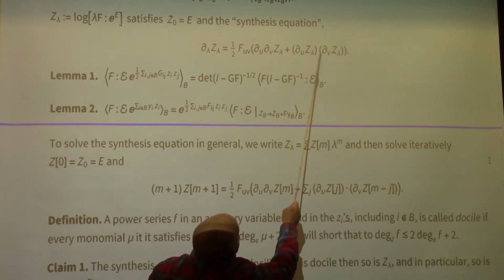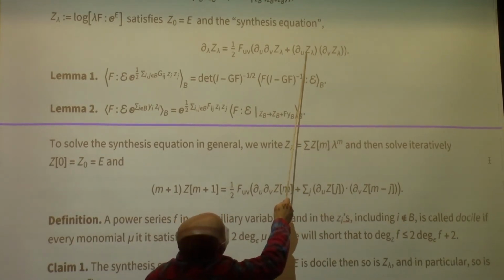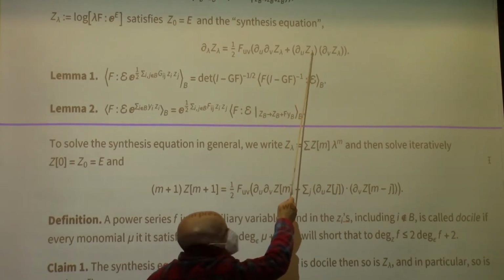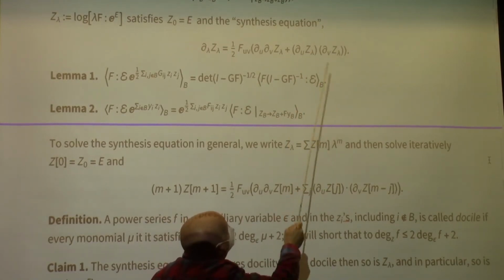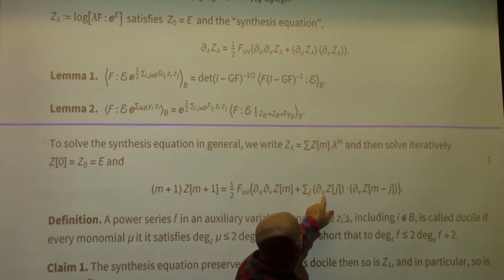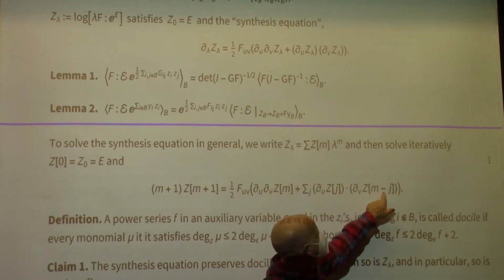Or you get it from here. To get the power of lambda to the m from here, you can get lambda to the j from here and lambda to the m minus j from there. So you get the sum over j of the derivative with respect to u of zj plus the derivative with respect to v of zm minus j.